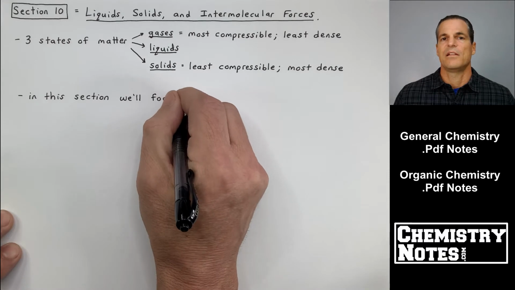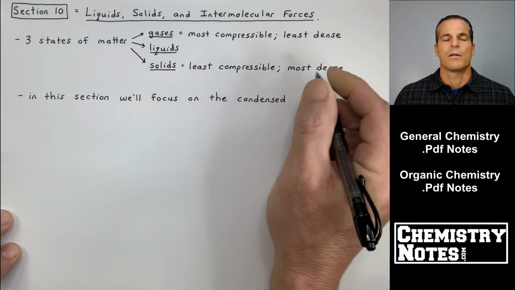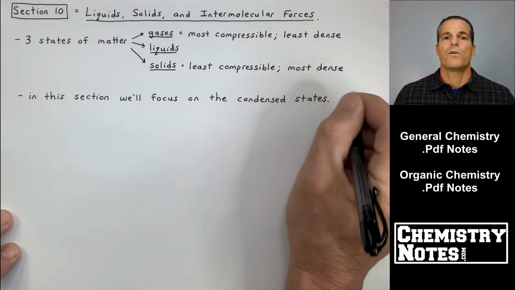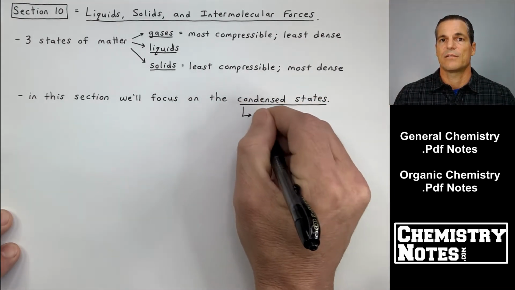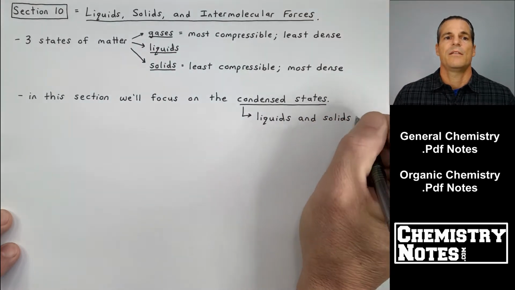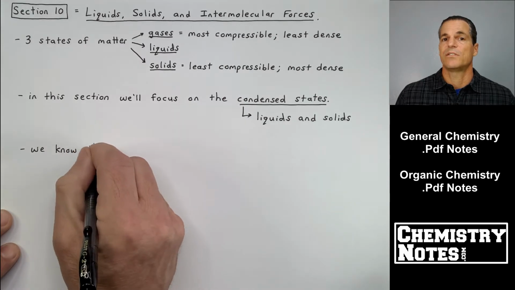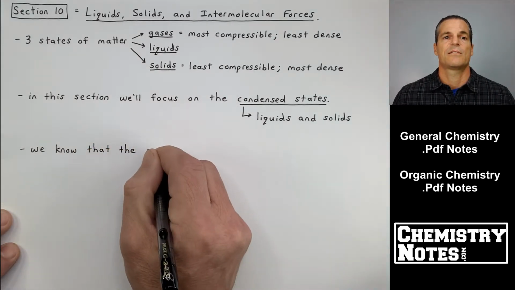The liquids are somewhere in between for the most part. In this section, we'll focus on the condensed states. We've already had a section dedicated to gases, and we're going to dedicate section 10 to liquids and solids, the condensed states.